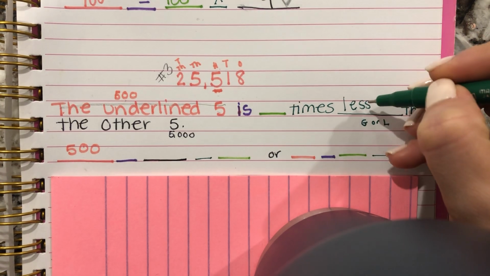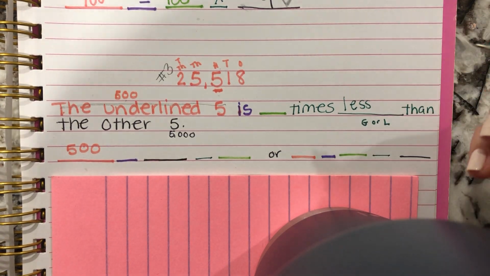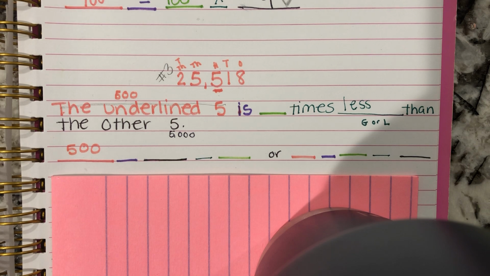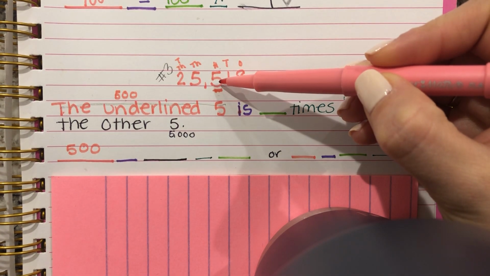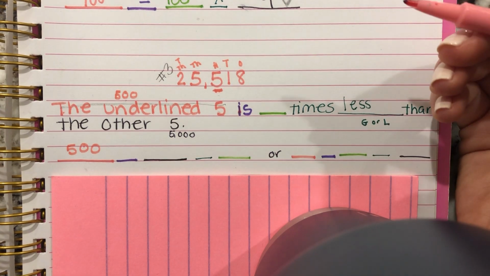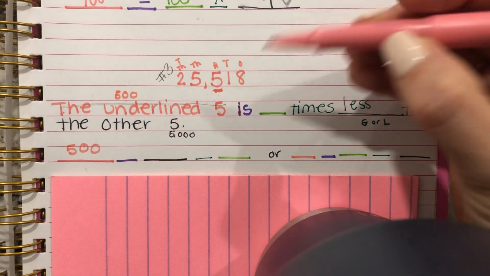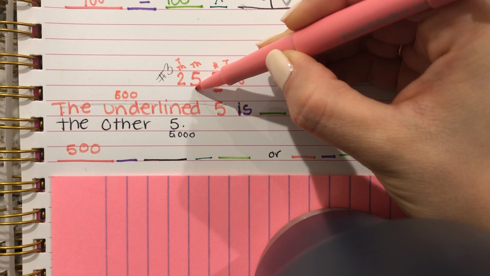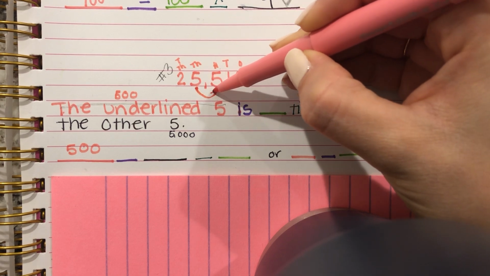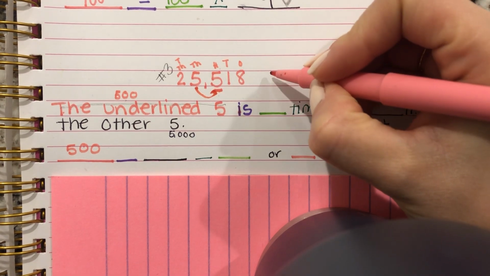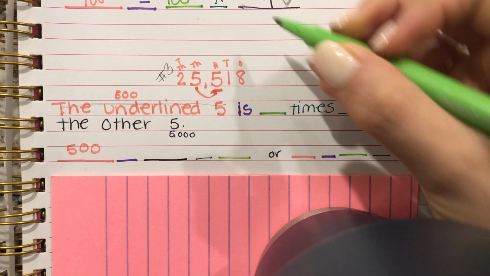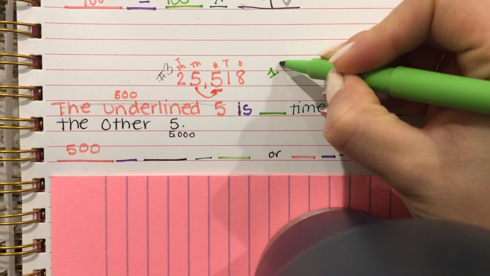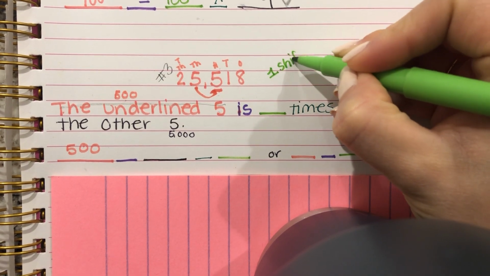Okay, now that we filled in that blank, we're going to go back to our number and think about shifts. So we're talking about 500 compared to the 5 in the thousands place. I know to get from the thousands place to the hundreds place is just one shift. Those places are next door neighbors. The 5s are right next to each other. There's no space between them.